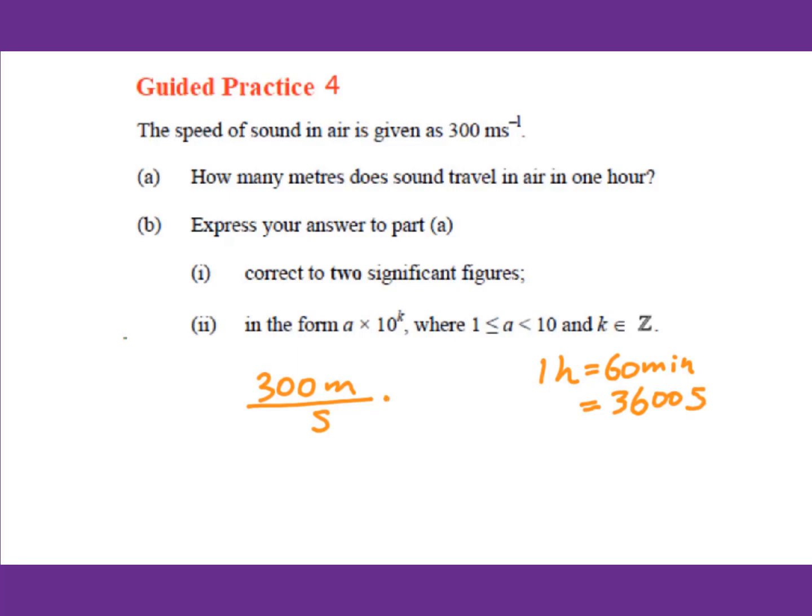So we multiply by 1 hour over 3600 seconds, so that we can reduce here. We do multiplication. You will get 108,000 meters per hour. That's for A.